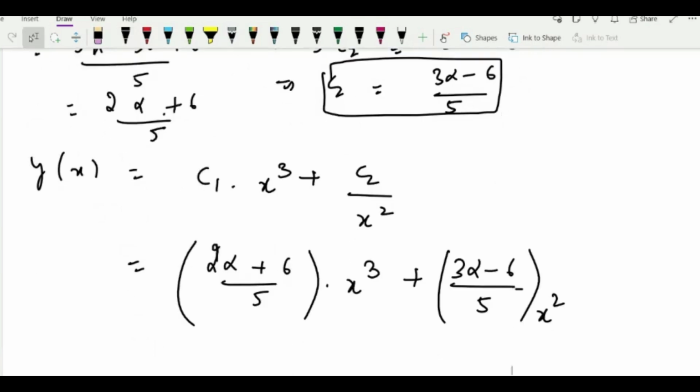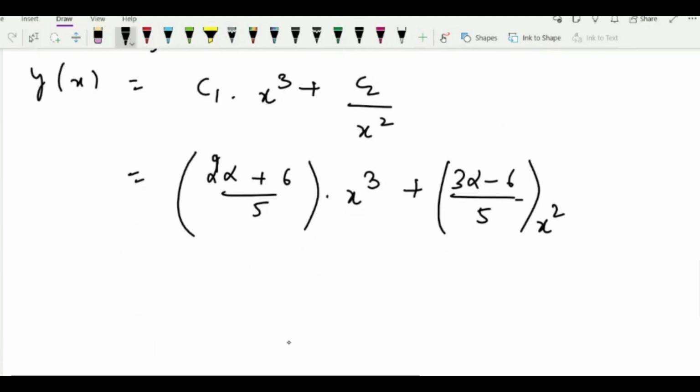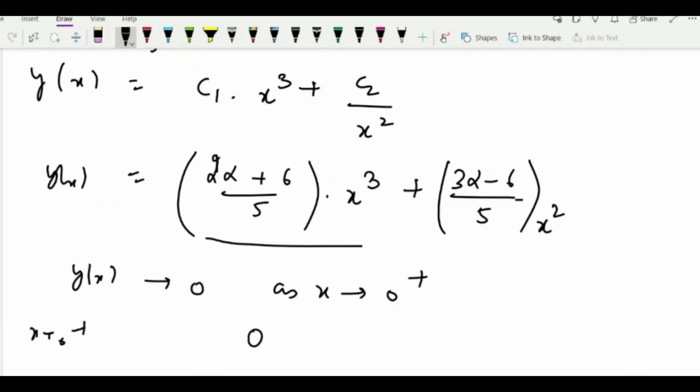The important part is here, they have given us y(x) tends to 0 as x tends to 0 positive. So from here we can see when x tends to 0, this part will become 0, but this part becomes infinite. If x square is 0, 1 upon 0 is infinite.